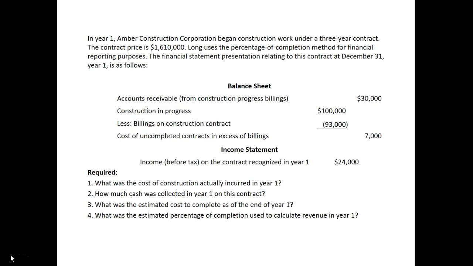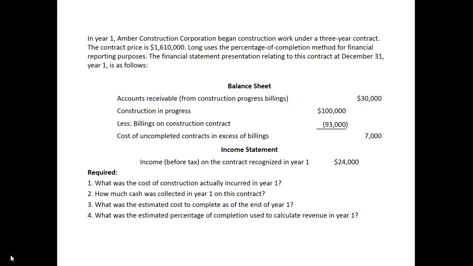We need to determine the cost of construction that actually occurred in year 1, how much cash was collected in year 1 on the contract, what's the estimated cost to complete as of the end of year 1, and the estimated percent of completion used to calculate the revenue in year 1.